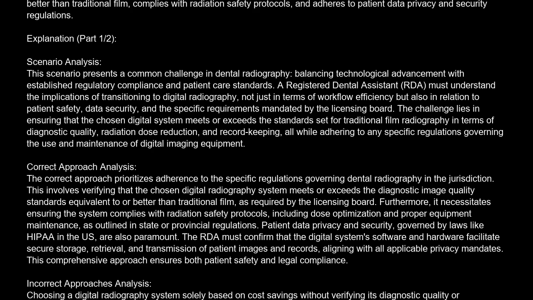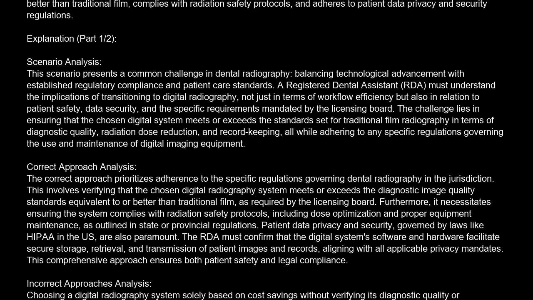Patient data privacy and security, governed by laws like HIPAA in the U.S., are also paramount. The RDA must confirm that the digital system's software and hardware facilitate secure storage, retrieval, and transmission of patient images and records, aligning with all applicable privacy mandates. This comprehensive approach ensures both patient safety and legal compliance.